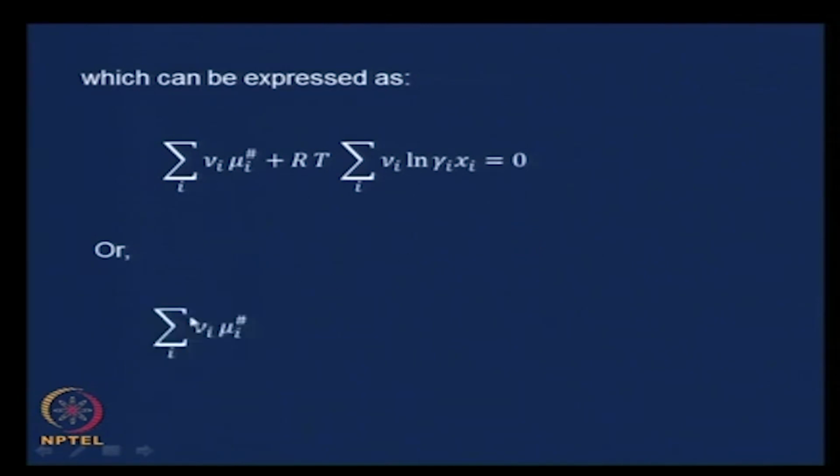Or you could write this as sum over i of nu i mu i hash equals minus RT times the sum of nu i ln of gamma i xi, which is nothing but ln of gamma i xi raised to the power nu i. If I take the log out, the sum of the logs is nothing but the log of the product over all i of gamma i xi, the whole raised to nu i. We will call it equation 644.